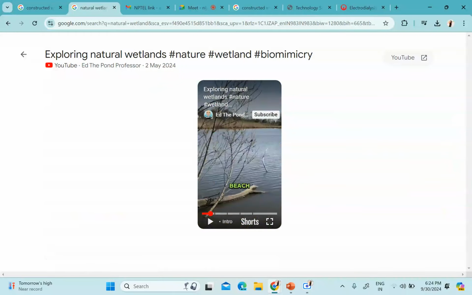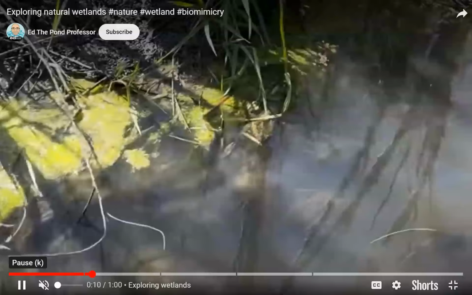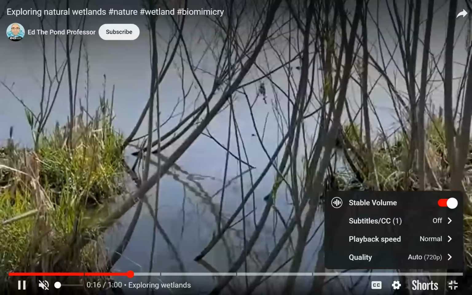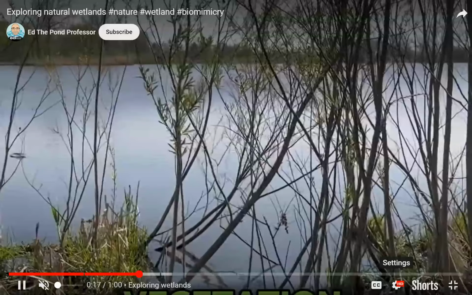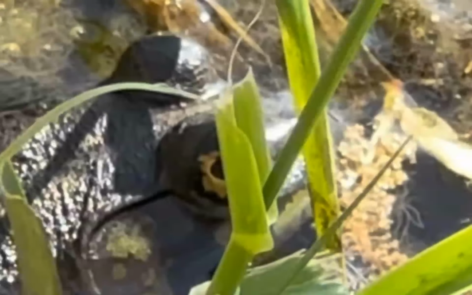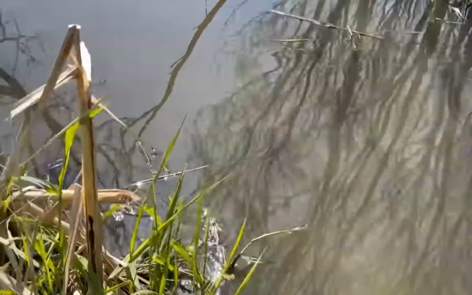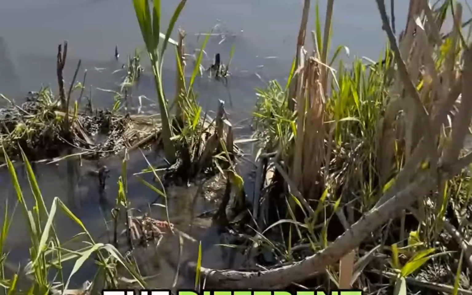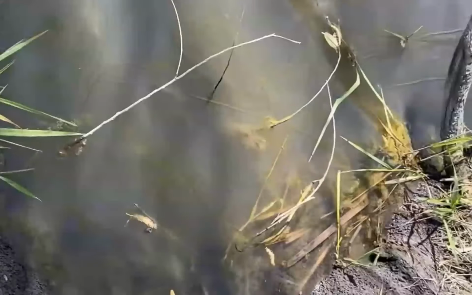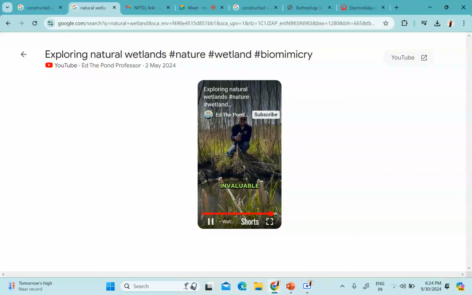See here also, this is a natural wetland, and you can see the plants' roots and how it is. Okay, so I hope that this is clear.